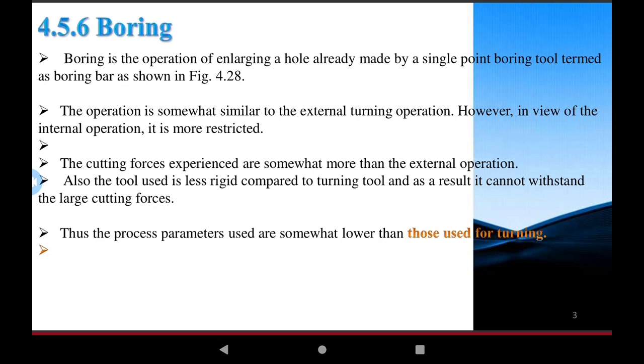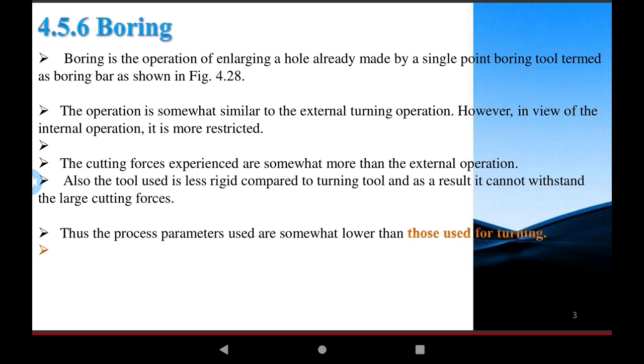These include internal tools and external tools, the holding of the job in the head stock of the machine, and support for the midpoint of the job. The carriage and tool post also provide help to the tools and provide tool force.